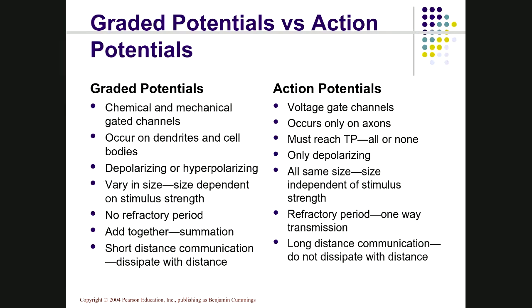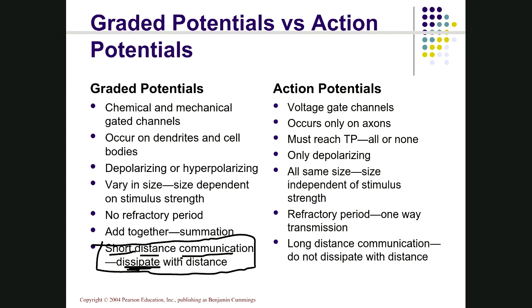Then graded potentials, there's no refractory period. It can happen over and over and over again, one right after the other. But action potentials have a refractory period. And that's what produces this one-way flow, one-way transmission. And then graded potentials only travel a very short distance. So they're only good for short distance communication because they dissipate.